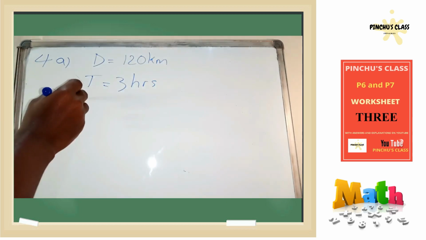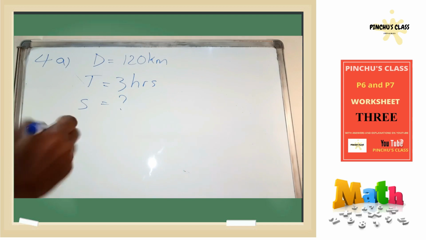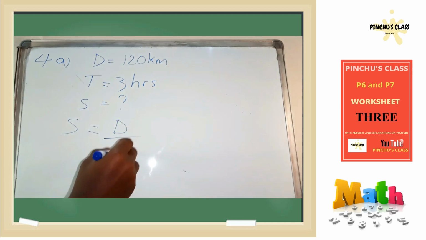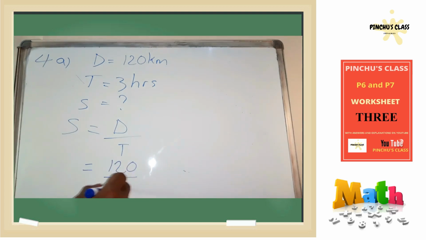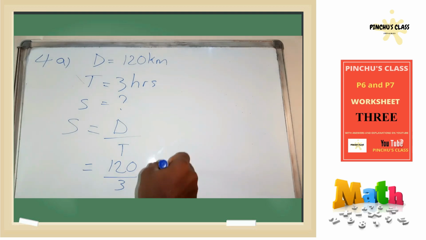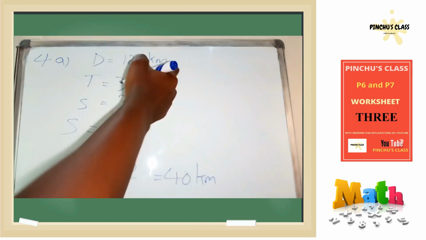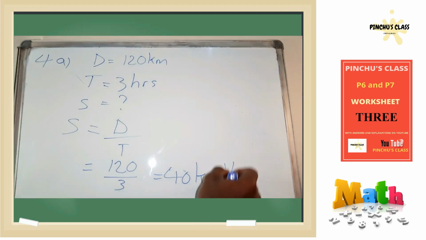Now, how do we find the speed? We don't know the speed, so we are finding the speed. Speed is the same as distance out of time. So it's going to be 120 out of 3, and our answer is going to be 40. Now this is 40 kilometers per hour because the distance is in kilometers.